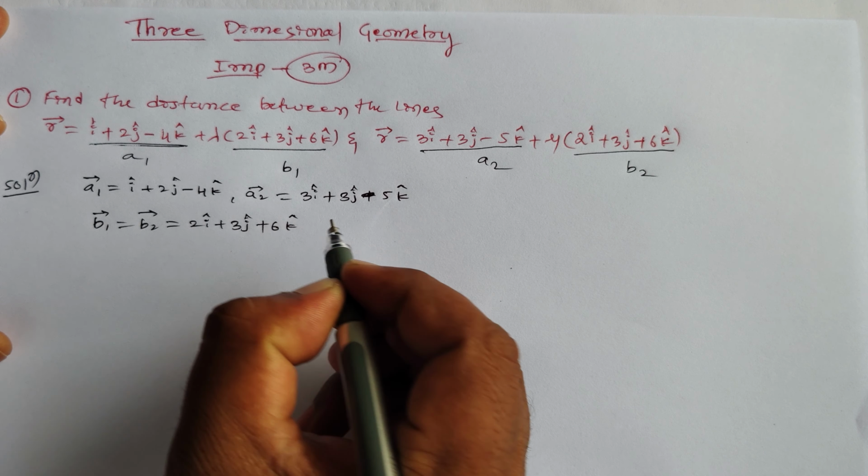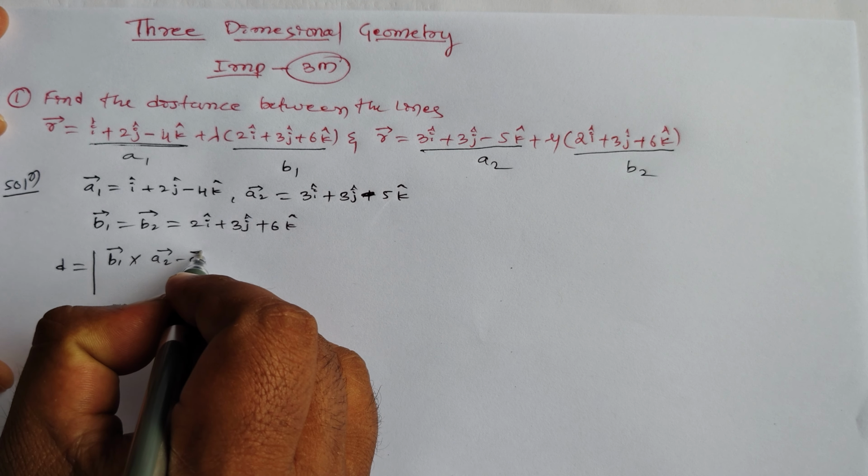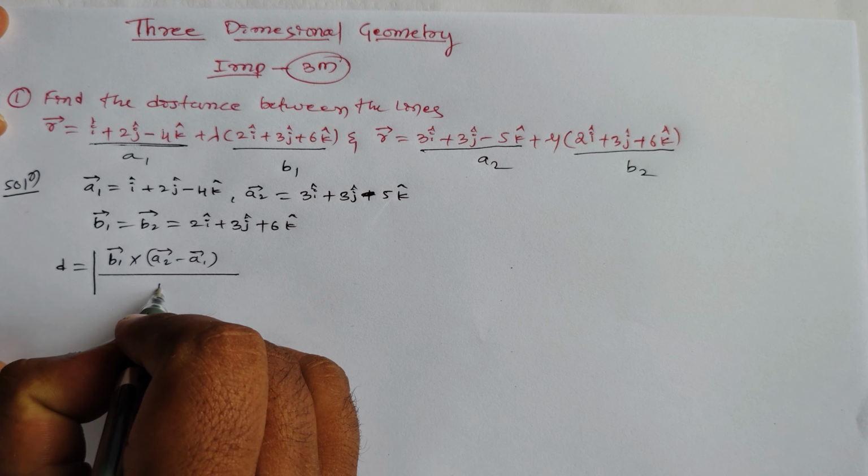So what is the distance between parallel lines? The formula: d equals modulus of b1 vector cross a2 vector minus a1 vector, divided by magnitude of b vector.